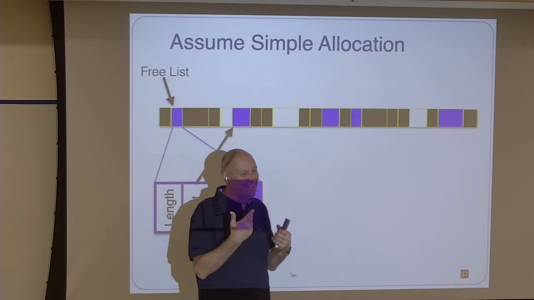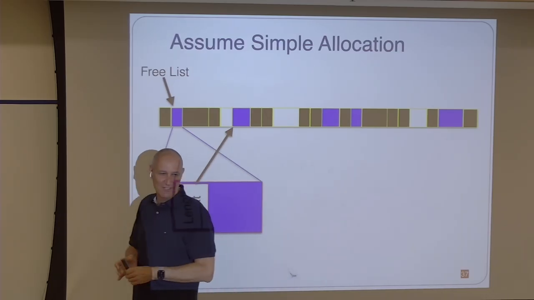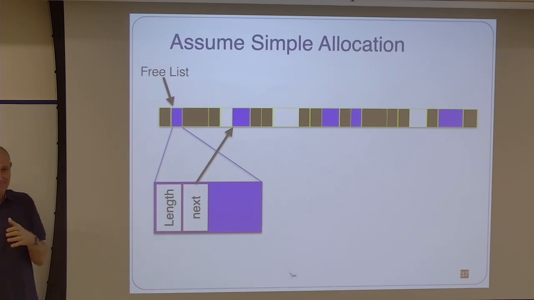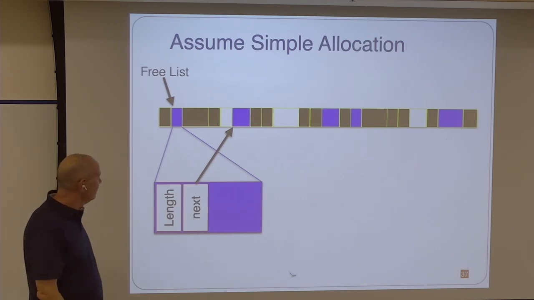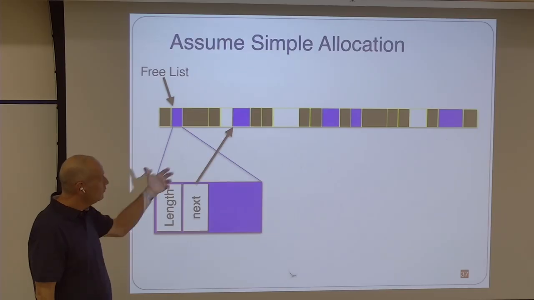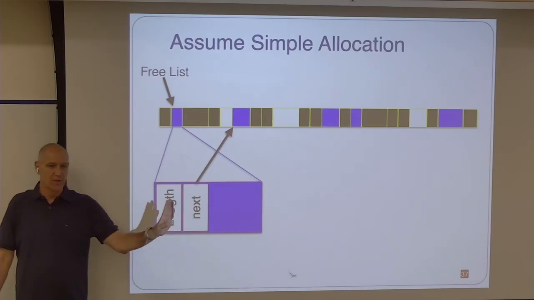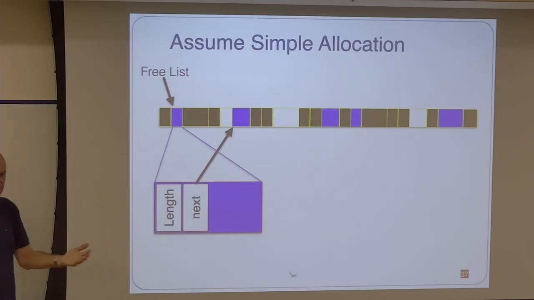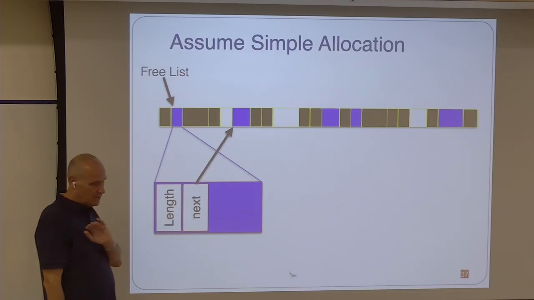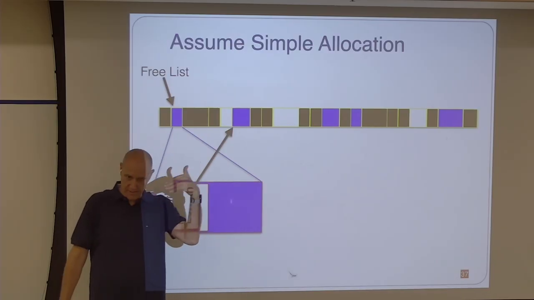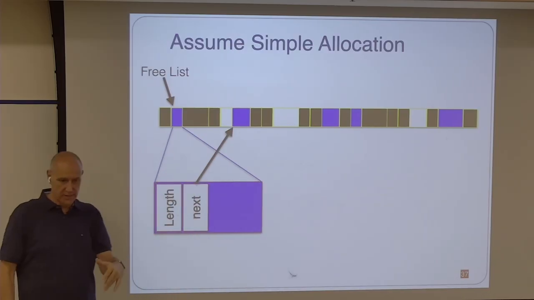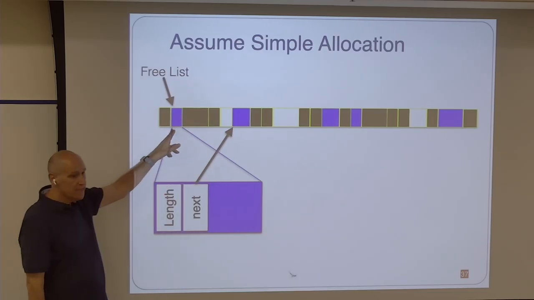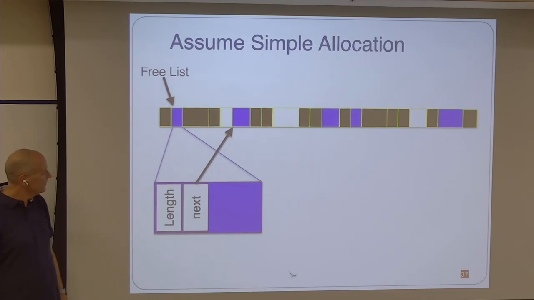So you could be wondering how allocation happens and how it works, and we will have a full lecture about allocation in real systems, how it works very efficiently and so forth. But for the sake of having something in mind to work with while we're talking about garbage collection, I want to assume that we have a free list. So what does a free list mean?